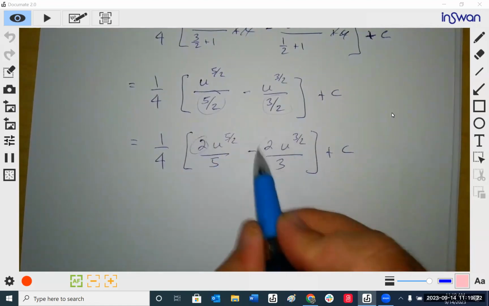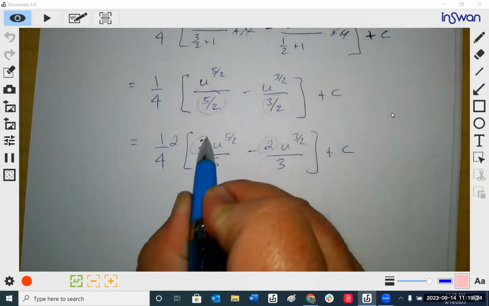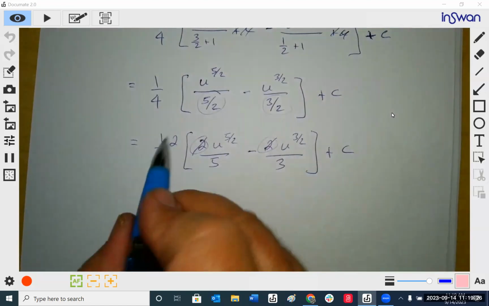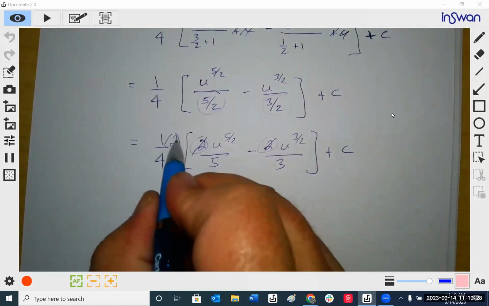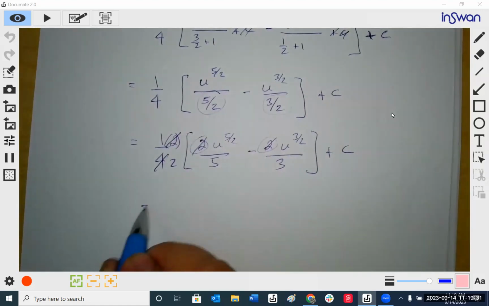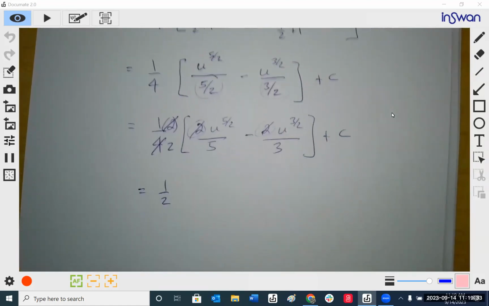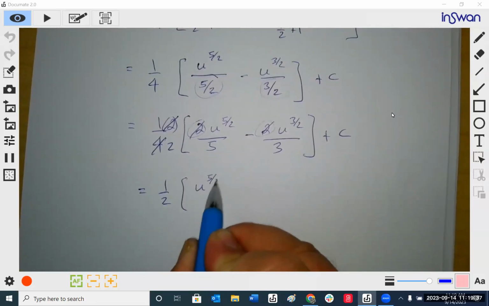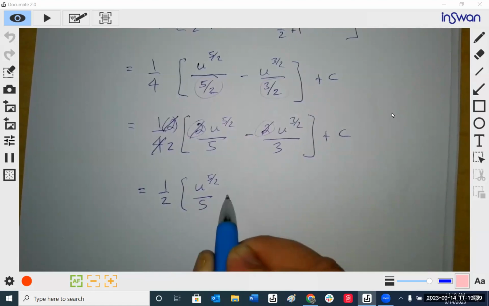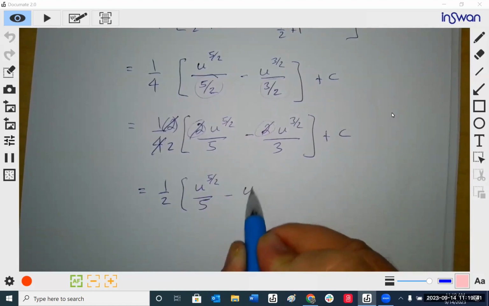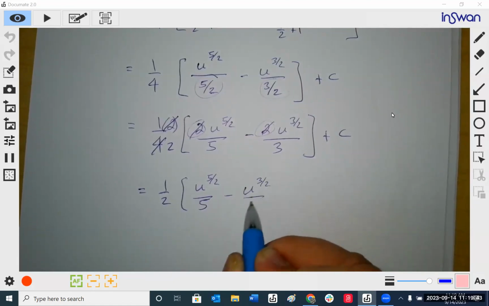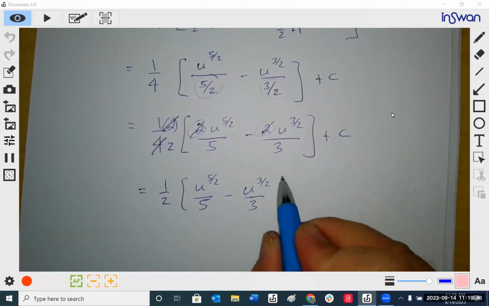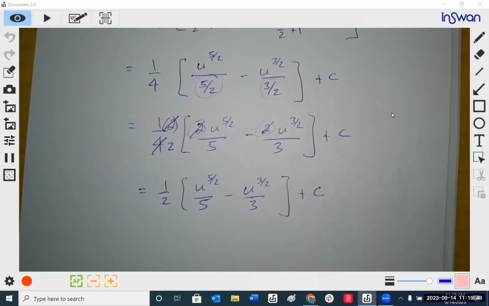We can factor out the 2, which gives us 1/2 times u to the 5/2 over 5 minus u to the 3/2 over 3 plus c.